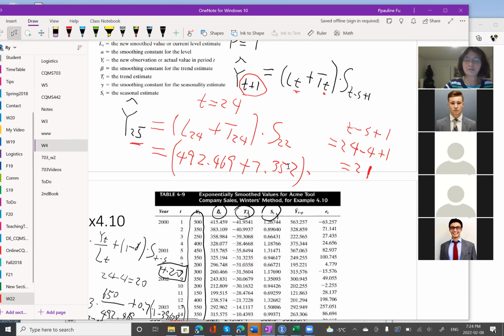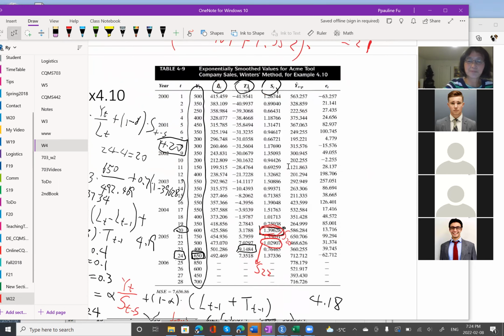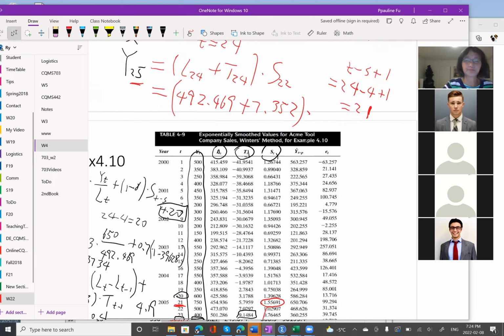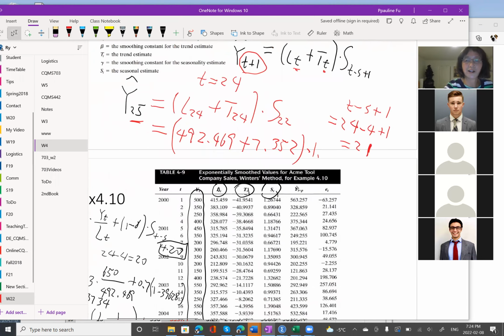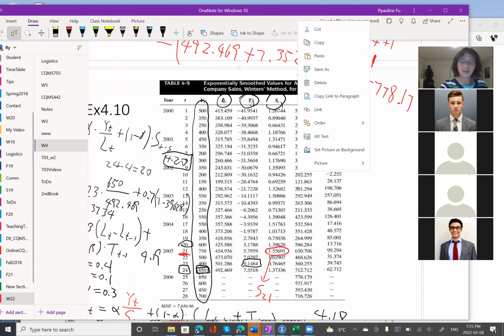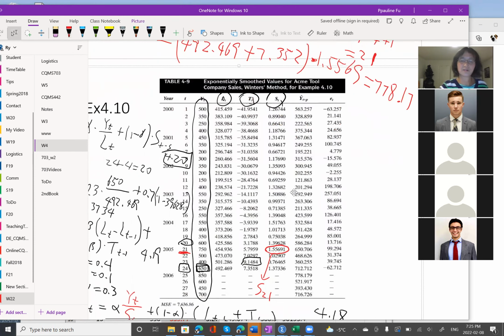Okay, so we need to look for S21. So this is 21. See, 21. This is S21. Okay. So times 1.5569, and you get the result. So that is the forecast for the 25th, this number here.